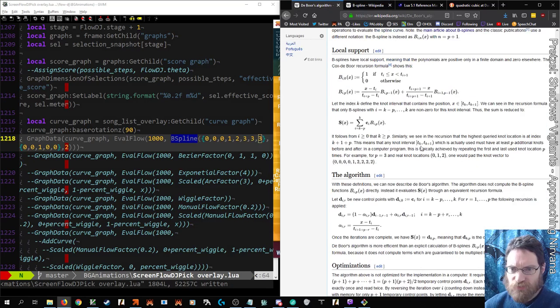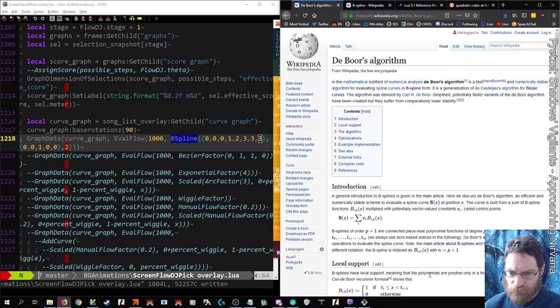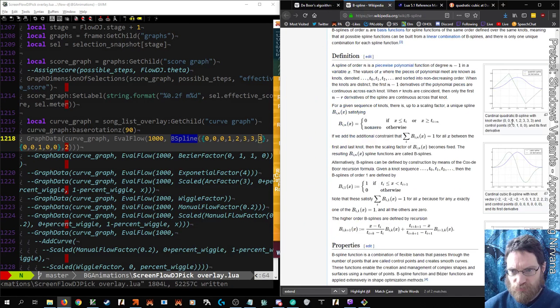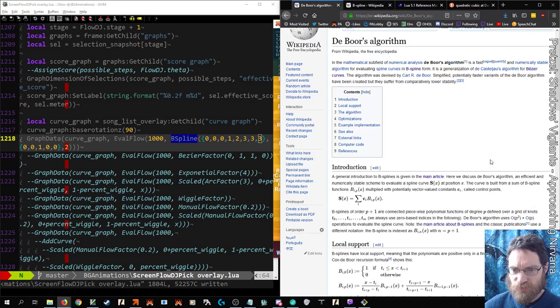Oh, didn't that say that this was defining n equals p plus 1? So this is talking, well, but what is this referring to? A spline of a quadratic spline, order n, degree n minus 1, piecewise polynomial function of degree n minus 1. That's saying that order is n equals p plus 1.